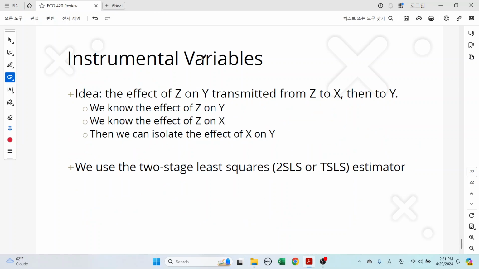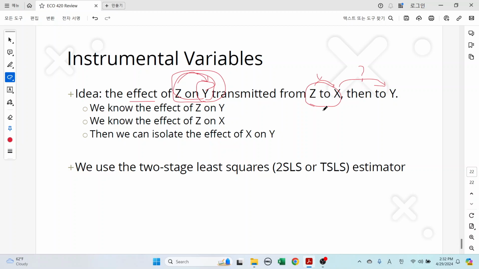Then the intuition is like this. When you change Z, the instrument, you can see the effect of Z on the outcome Y. But this effect is transmitted from Z to X and then X to Y, right? From the data, you know this total effect from Z to Y, and you observe the effect Z to X. And this is what you want: the effect of X on Y. But you know everything else.